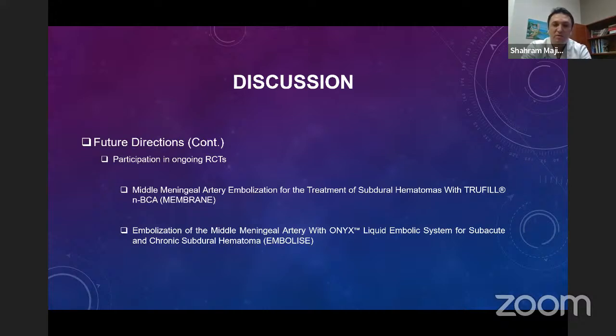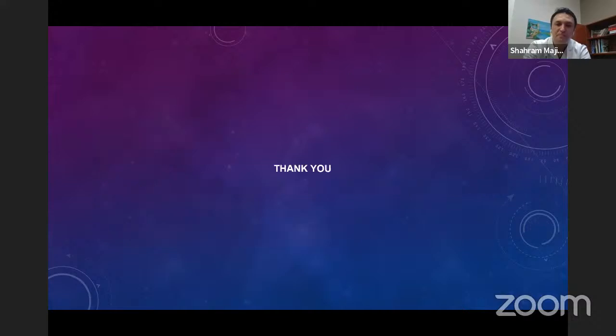This will also give us the opportunity to compare the outcome of using liquid embolic material in subdural hematoma embolization to the historic database of using particles. I think I'm going to stop here and take questions.